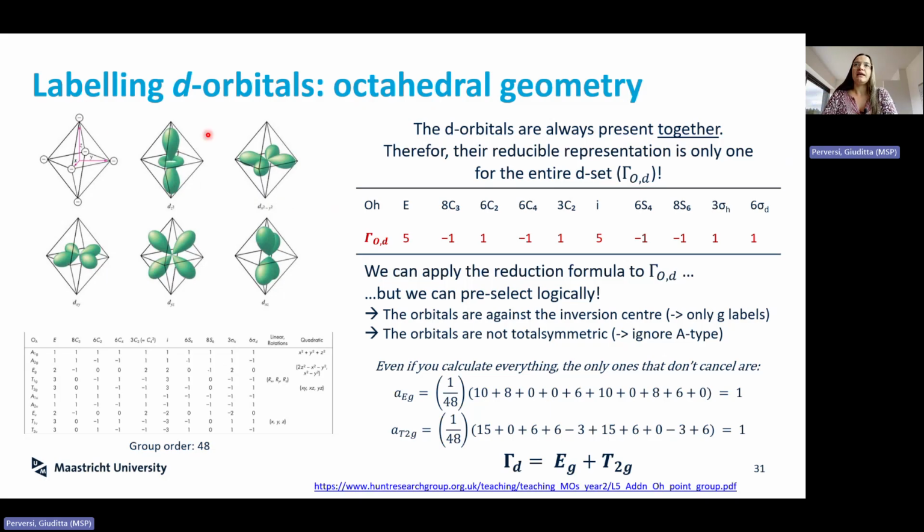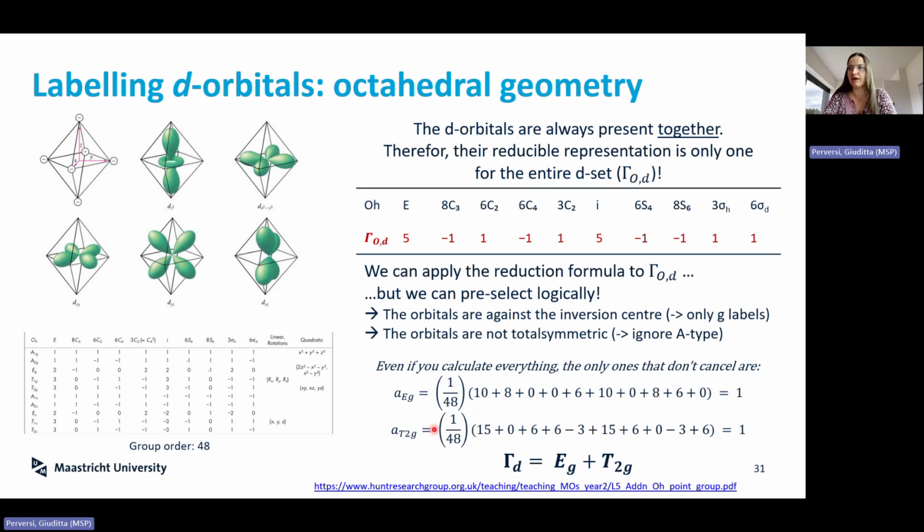So if we apply the reduction formula, so we try to figure out how all of these elements transform against all of the symmetry operations of the point group, we can apply the reduction formula, but we can also try to be logical about it.